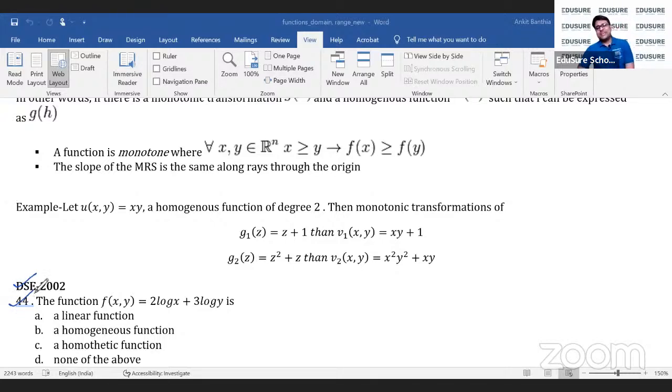As you have already seen, a homothetic function is nothing but a monotonic transformation of a homogeneous function, right? So any monotonic transformation, that is log, exponential, adding a constant, these will all be monotonic transformations. So whenever I have a monotonic transformation of a homogeneous function, it will be homothetic, right? So take a look at this question number 44, put your answer in the poll, do it right away. Tell me what is it that you're getting, do it.